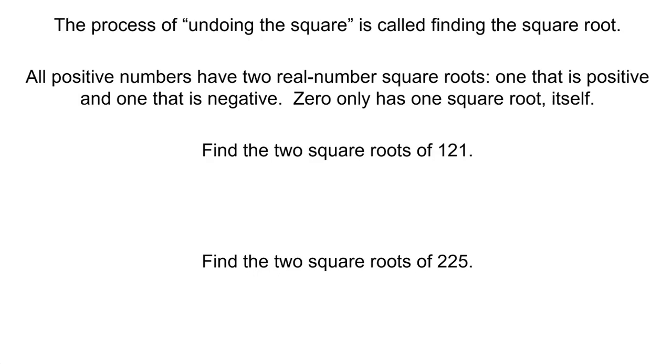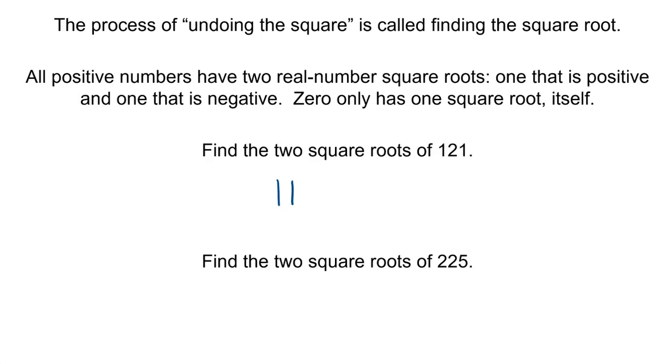So if I were to ask you to find the 2 square roots of 121, that means find the 2 numbers that when I multiply them by themselves, we get positive 121. Well, the first and most obvious solution is 11. 11 is the positive square root of 121 because 11 times 11 is 121.